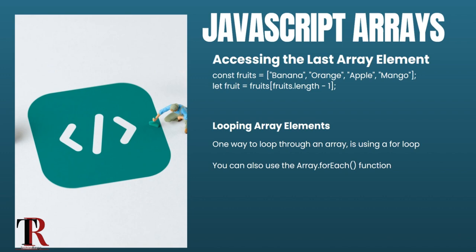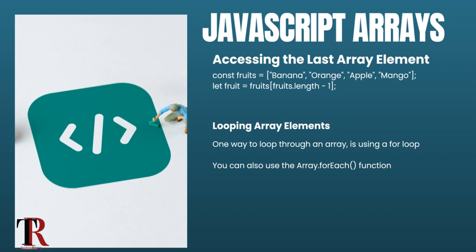In the last video, we discussed how you can access the first element of an array using the bracket format, passing the index into the bracket to get whatever index position you are trying to get for the items in your array.